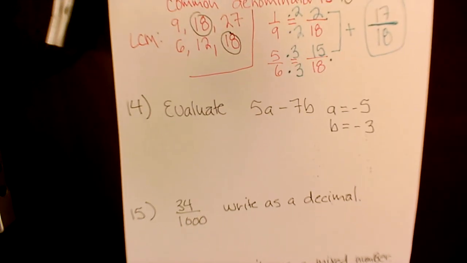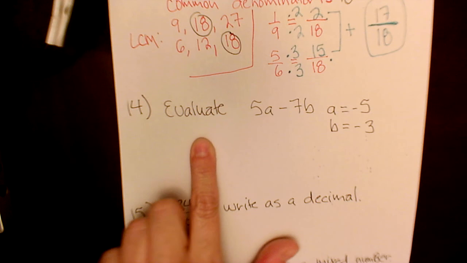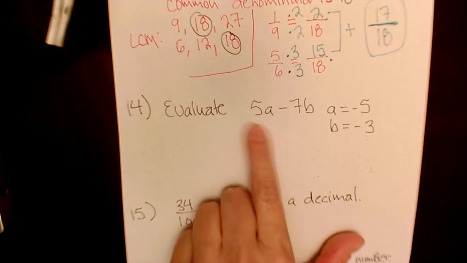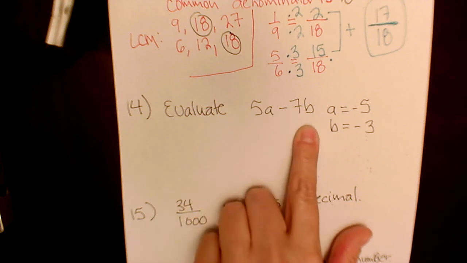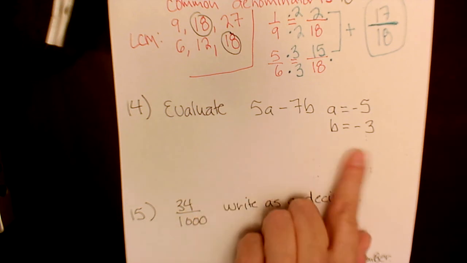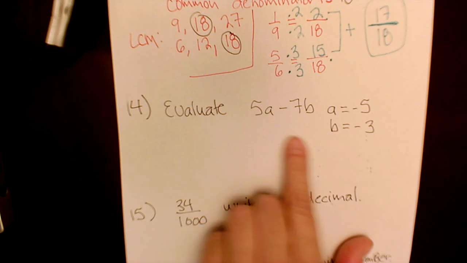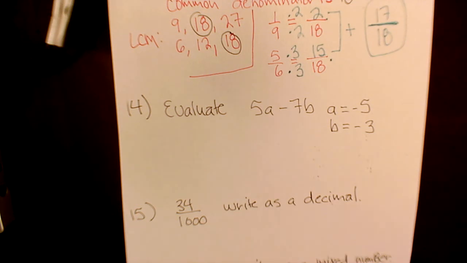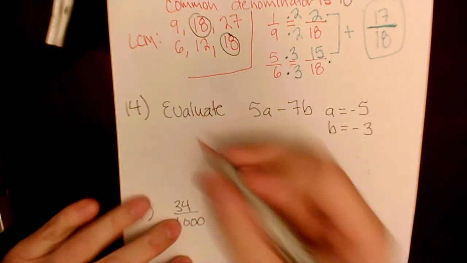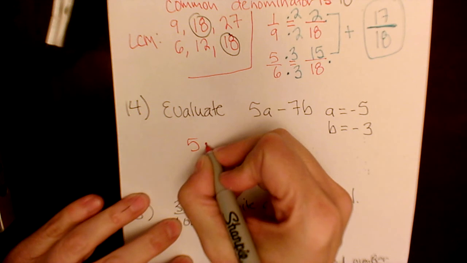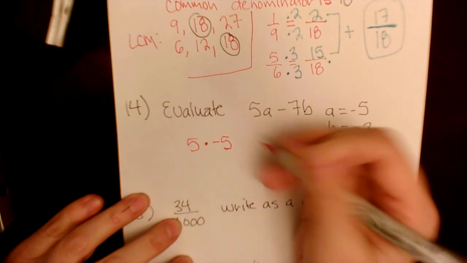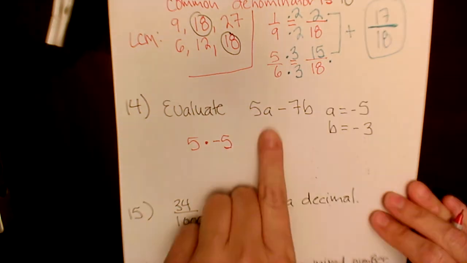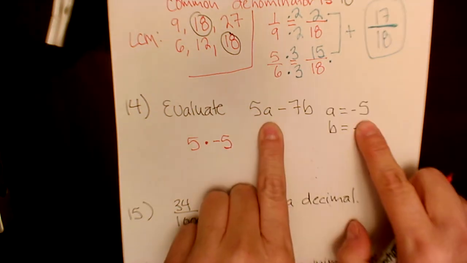Okay, 14, I want to evaluate. So again, I have 5a minus 7b. A is -5, b is -3. So going in for this, a is -5. So I've got 5 times -5.